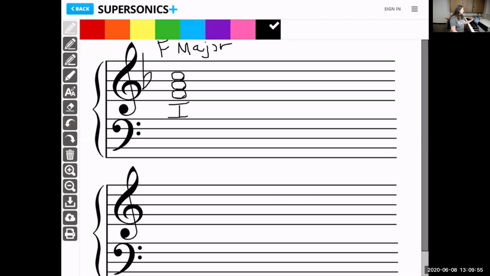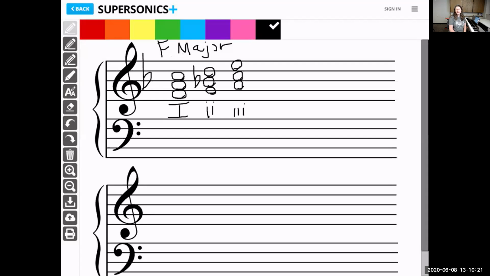Now if I wanted to write the next chord in the scale, it would be that chord. It is a minor chord, so I'm writing the small Roman numeral 2. Again, I'm just demonstrating how these chords would be written.